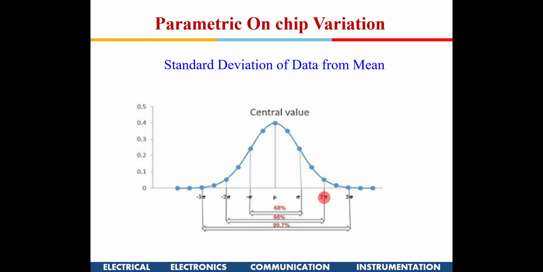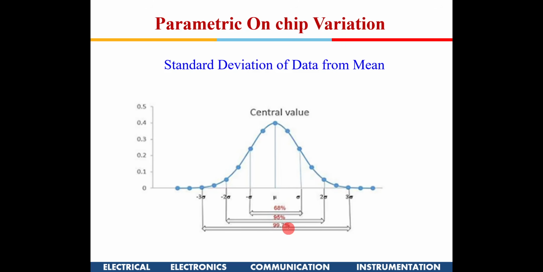If you take 2 sigma, from plus 2 sigma to minus 2 sigma, 95% of the chips would get covered. And if you take plus minus 3 sigma, which is generally known as 6 sigma, it would cover 99.7% of your chips. So this is a very good figure.